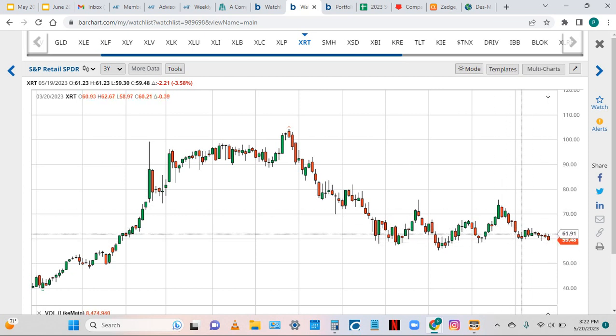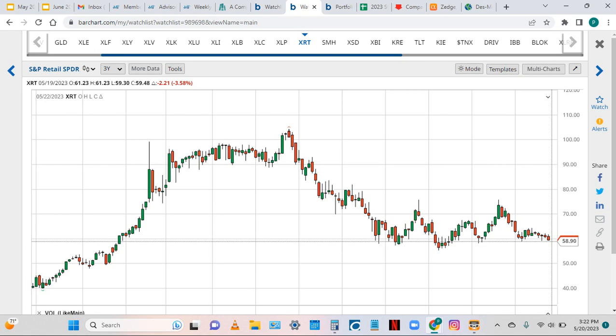It's definitely trending towards the lower end of the range and has sat there for about 8 or 10 weeks. So if this does not turn up, I would expect this to roll over soon. So this needs to turn up if our economy is going to stay in a good place, because retail kind of affects everybody also.